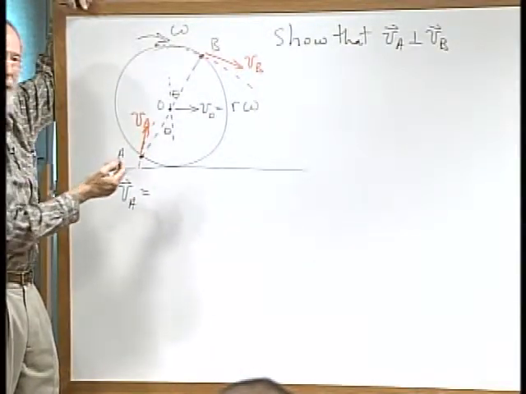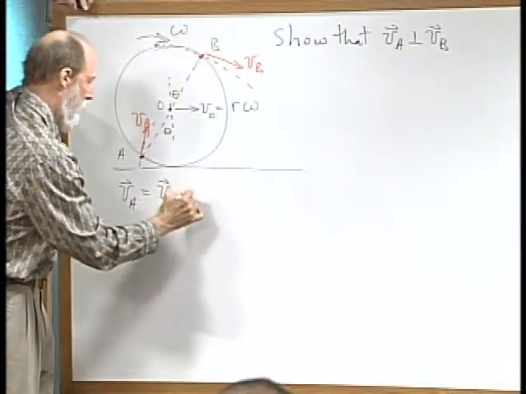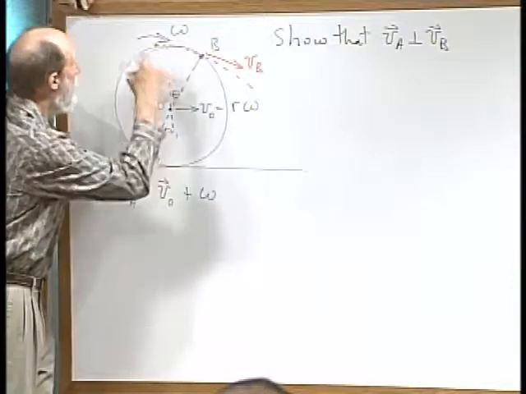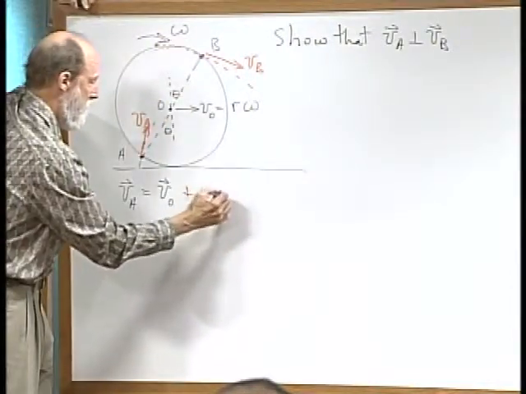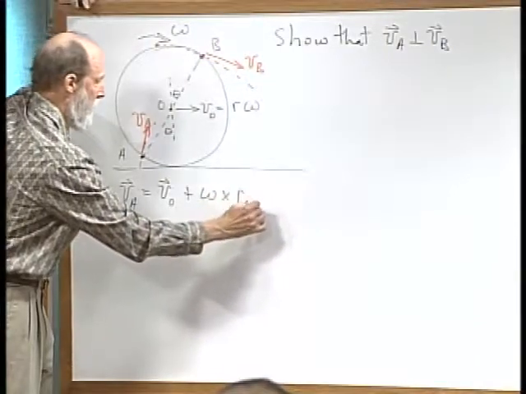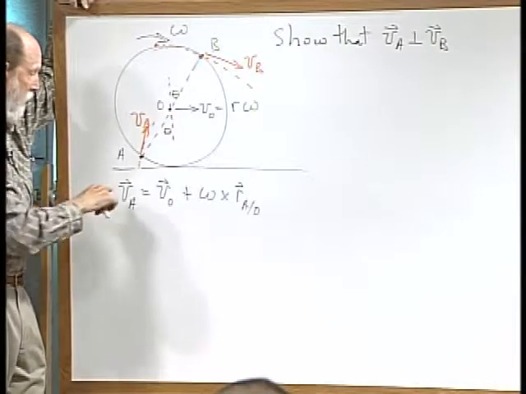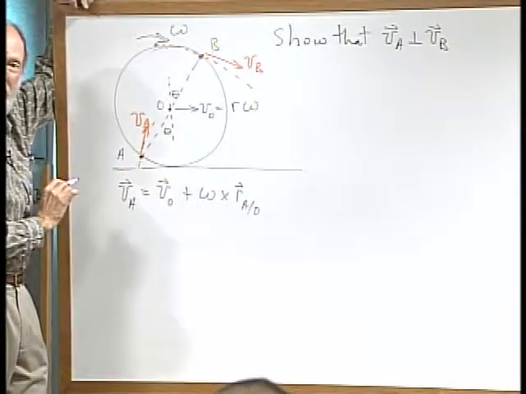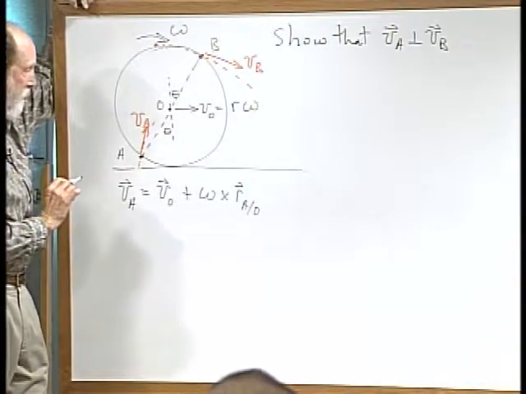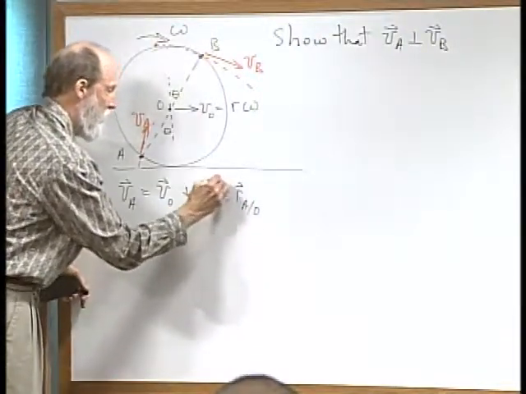The center. Yeah, we know the velocity of that center point, plus the omega of this rigid body crossed with r of A relative to O. So this is what we developed the other day. That's going to be your expression for the velocity of A. And thank you, I need to put a k hat on here.